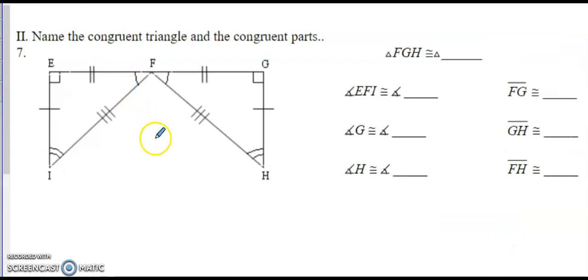All right, for this problem here, we're just trying to match up things. So triangle FGH: F single, G right, H double. Triangle FEI would be the triangle going the other direction.